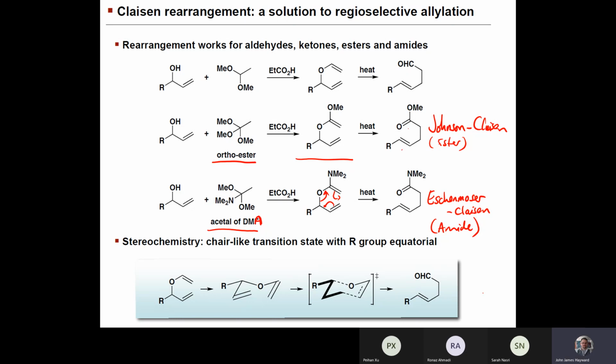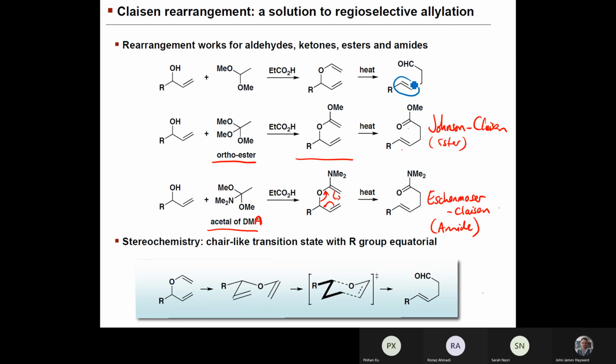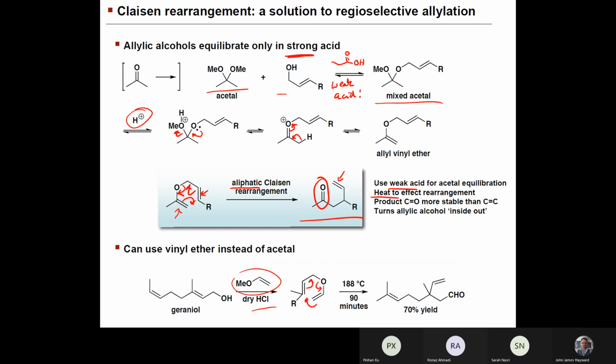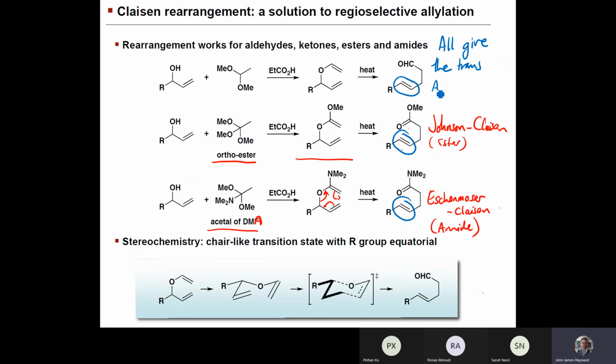Now, the thing I want you to notice in all of these cases, one, two, three, all give the trans alkene, which is the E alkene.